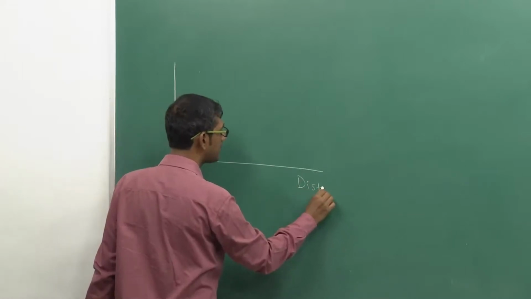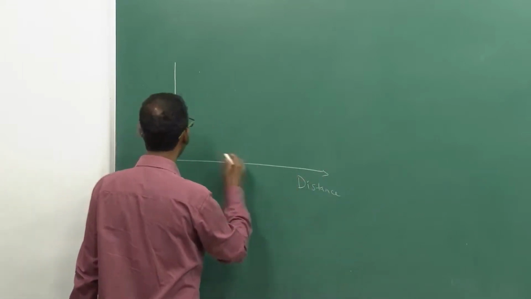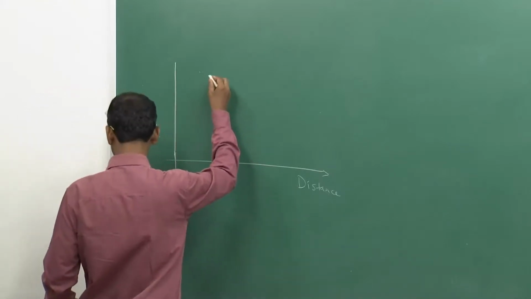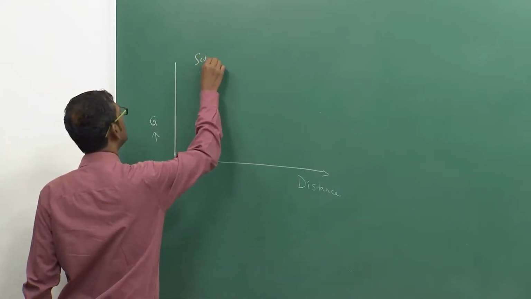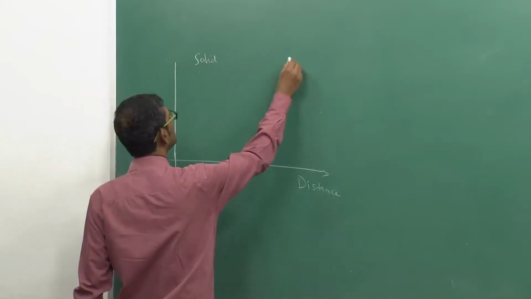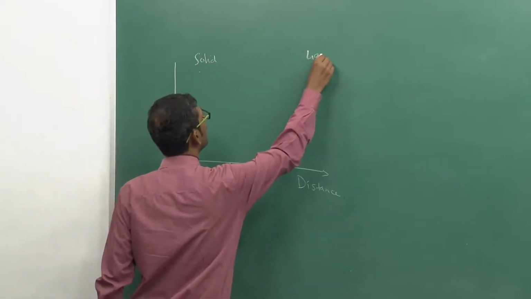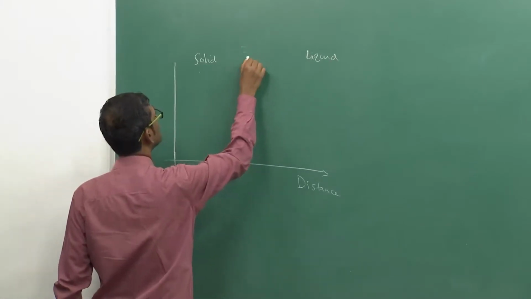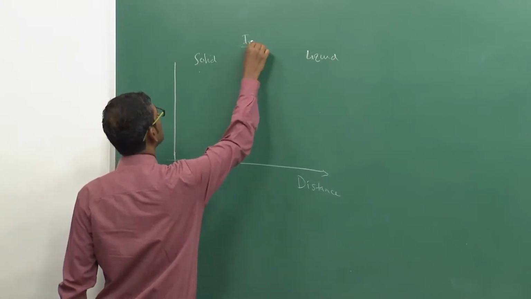This is the distance axis and this is free energy G. Suppose this is my solid, this is my liquid, and this is the interface.